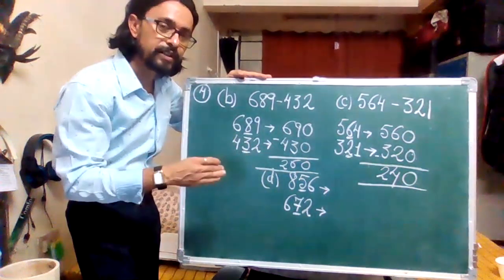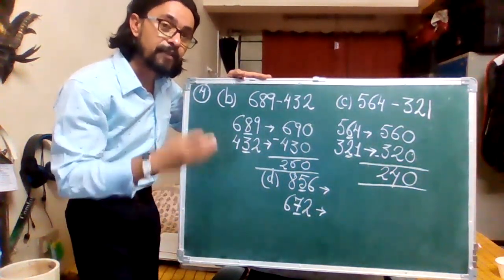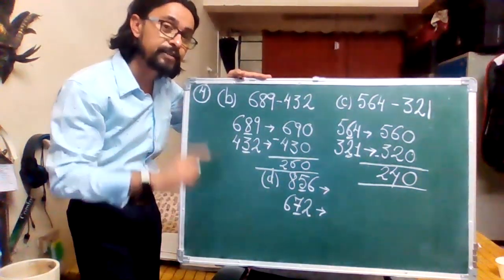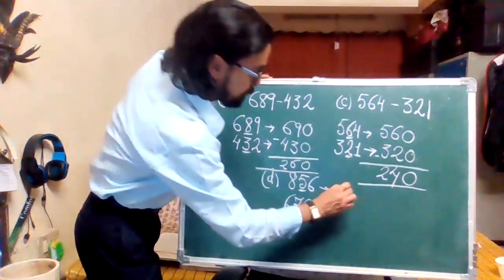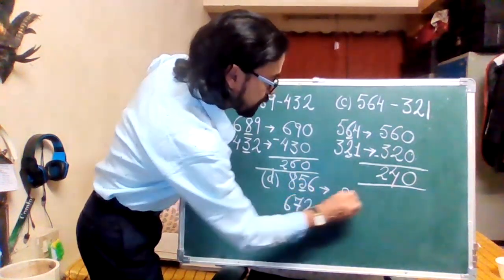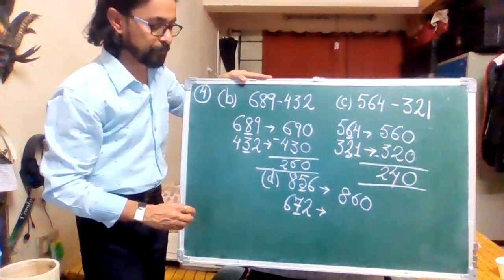The digits before the place value that you're rounding off all remain the same. The digits after the place value that you're rounding off all become 0, whether the digit increases by 1 or does not increase by 1. So it becomes 8. This 5 will now become 6, and 6 will become 0.